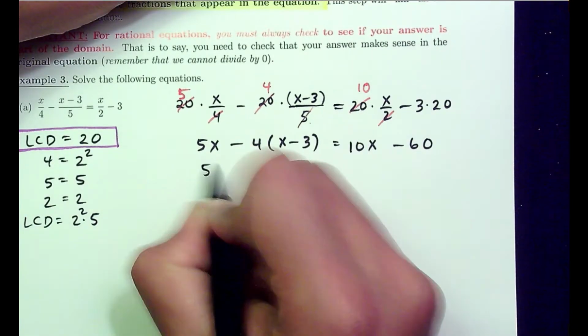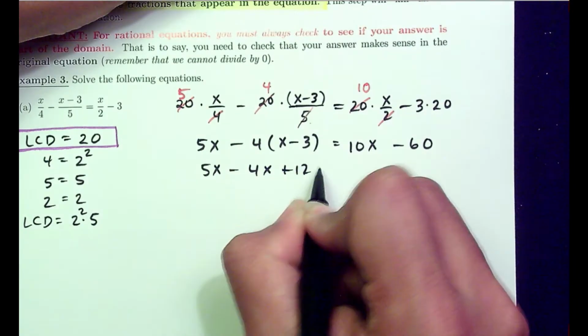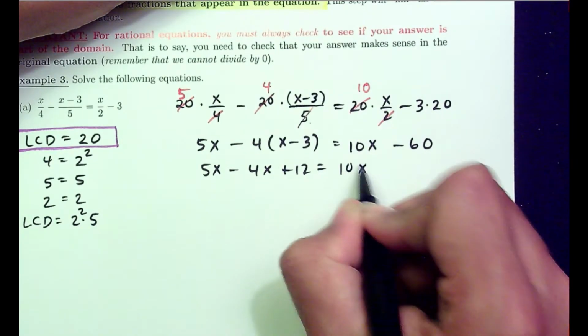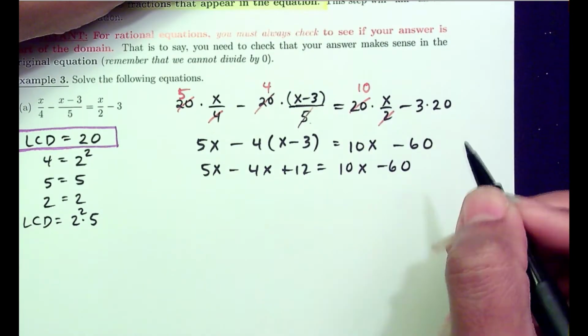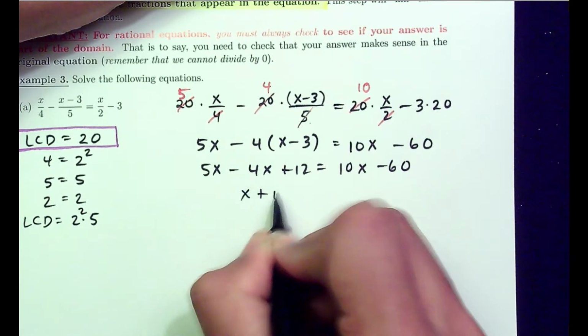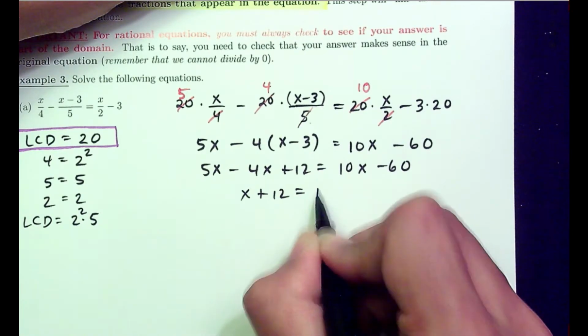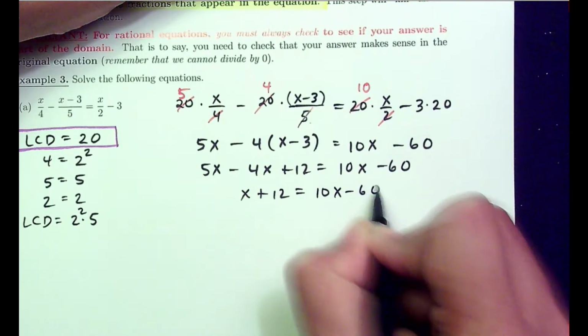This is going to be 5x distributing minus 4x plus 12 equals 10x minus 60. Combining these x's over here, you get x plus 12 equals 10x minus 60.